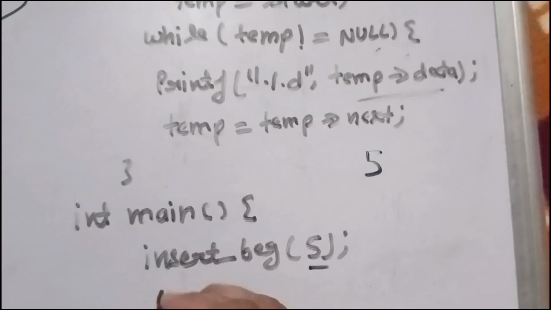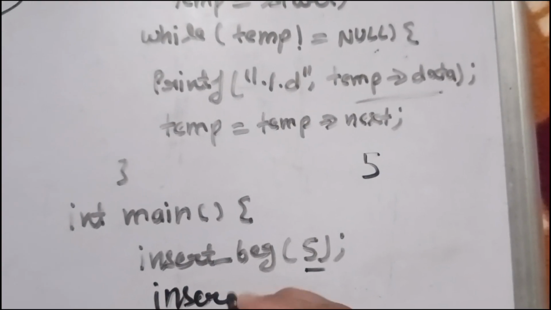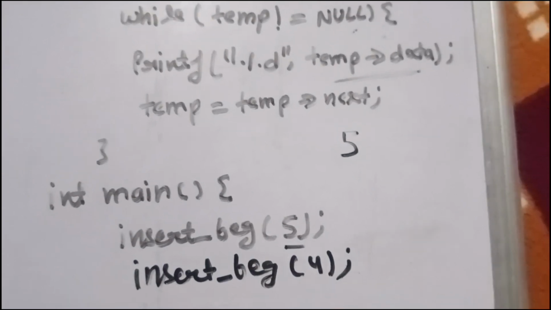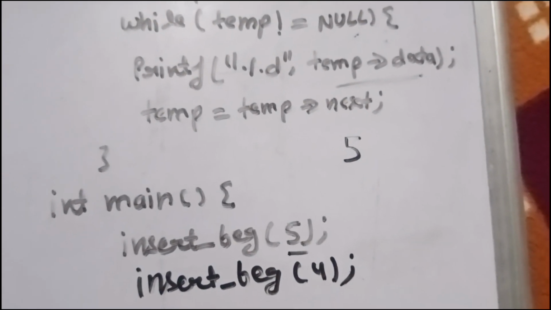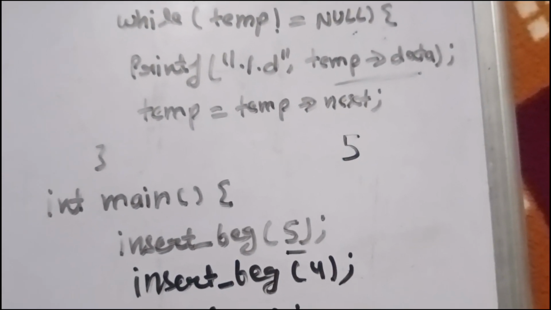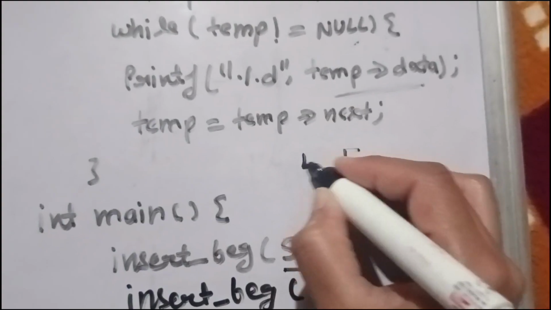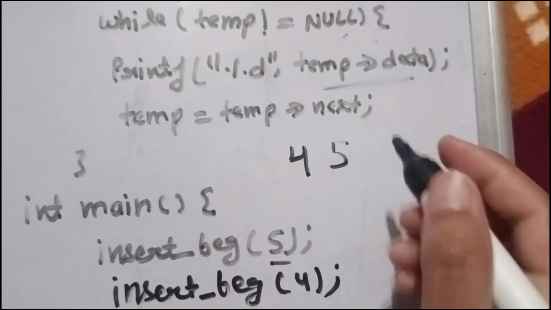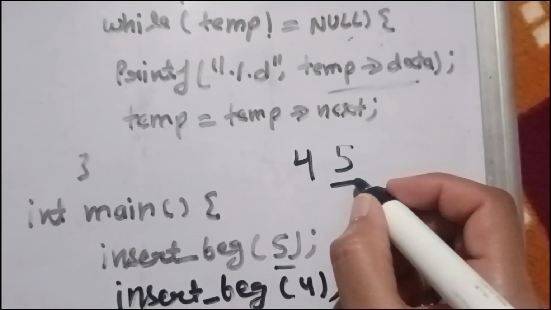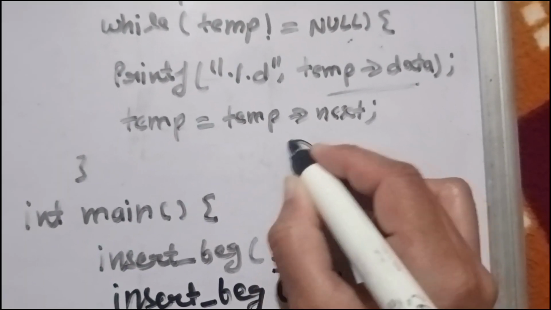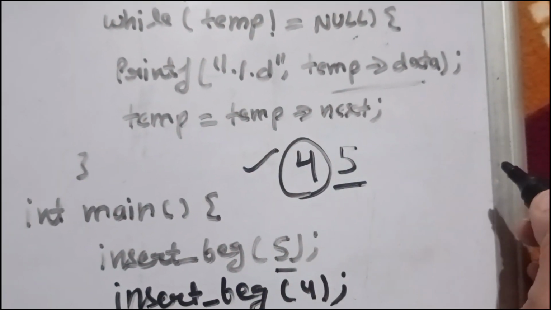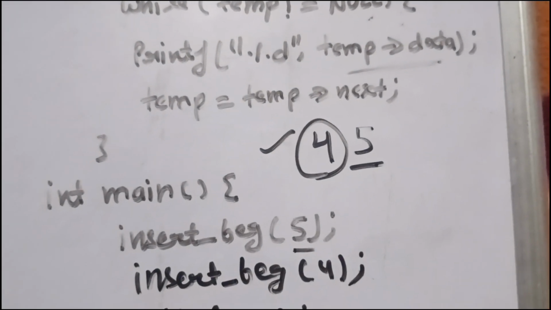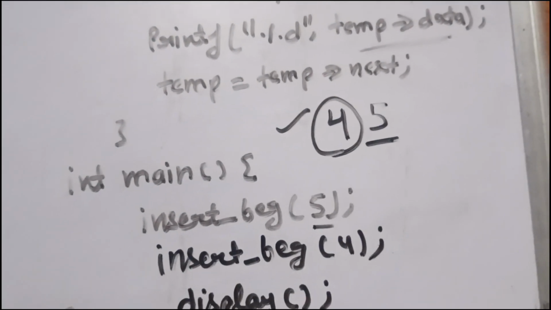If you want to add another value, you have to call insert_beg again with 4 and then display to display the value. So before 5, 4 will come because we are inserting at the beginning. Now 5 is not our beginning. Our beginning is now 4.